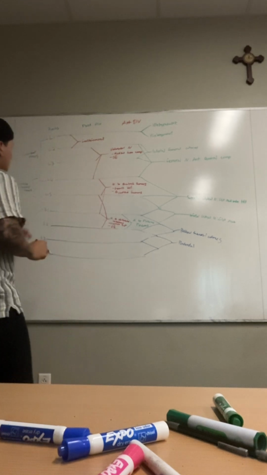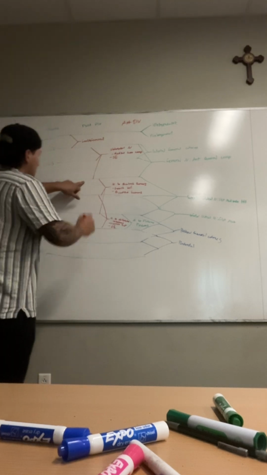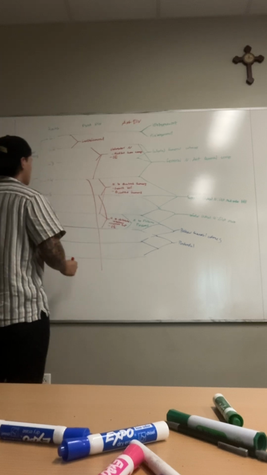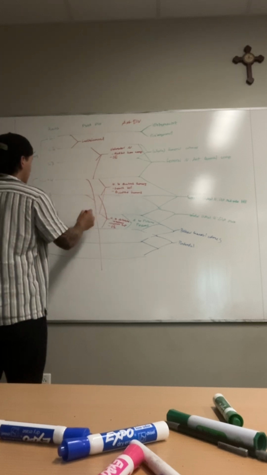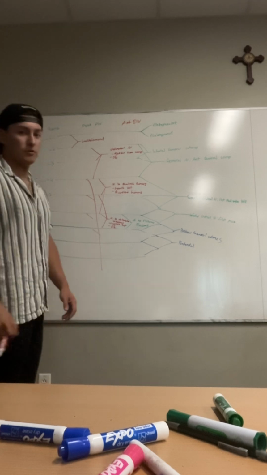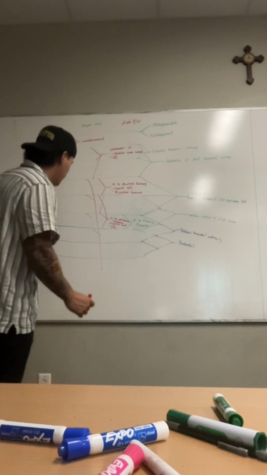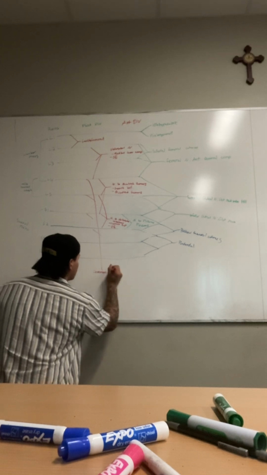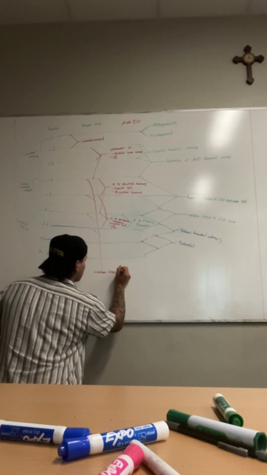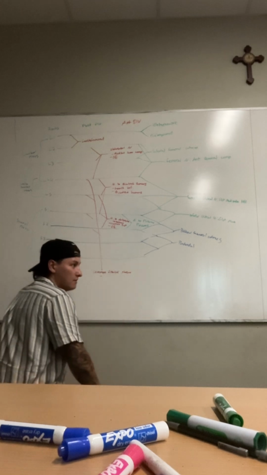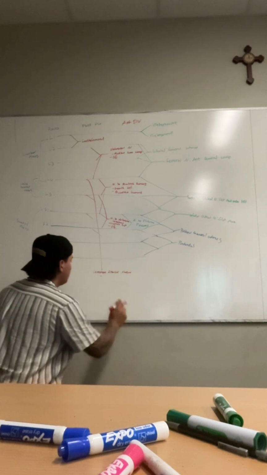And then L4 is where the common fibular nerve starts, and L5, S1, and S2 also help create that common fibular nerve. That innervates your biceps femoris short head.